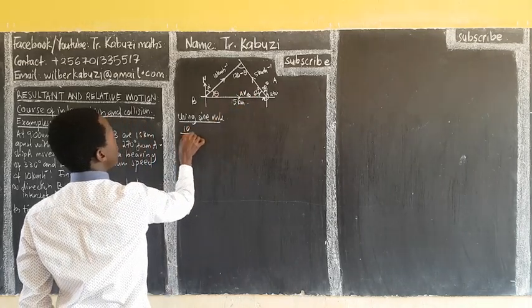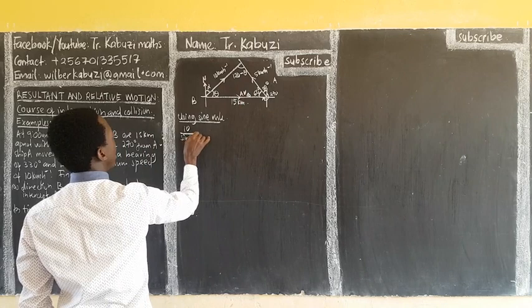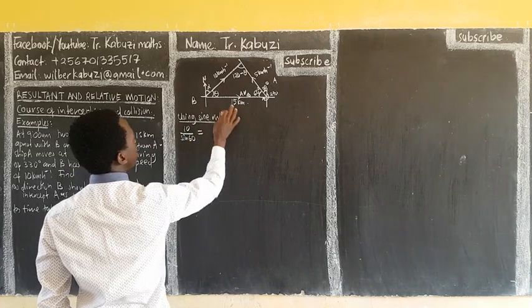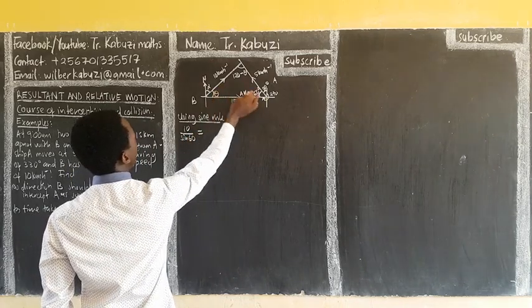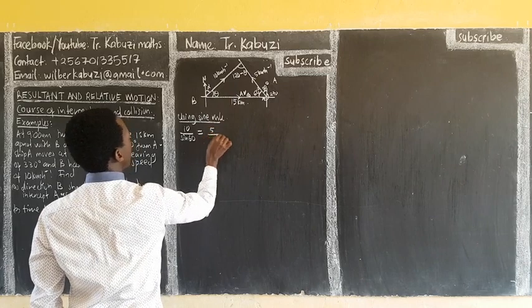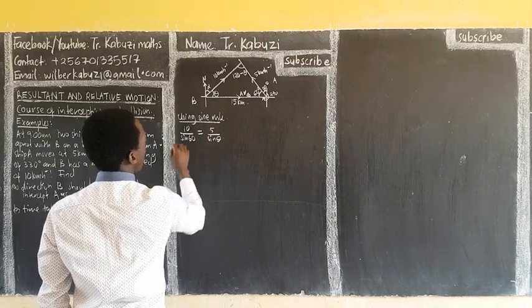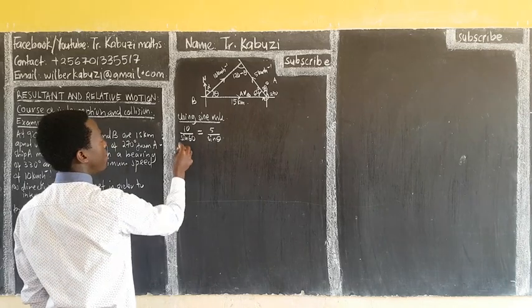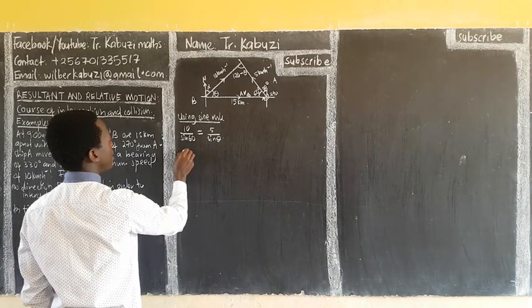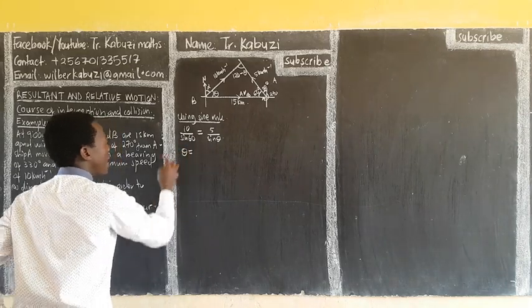10 over sine 60 is going to equal 5 over sine theta. From there, you can cross multiply and get theta.